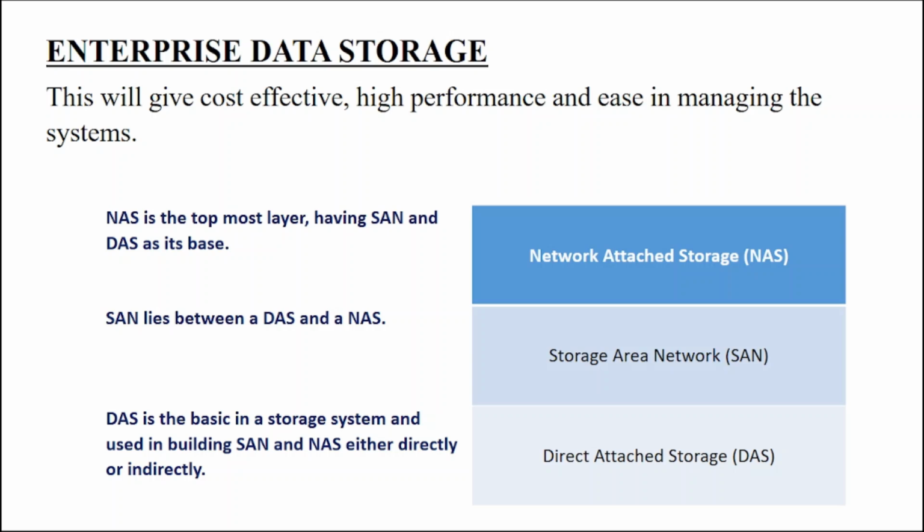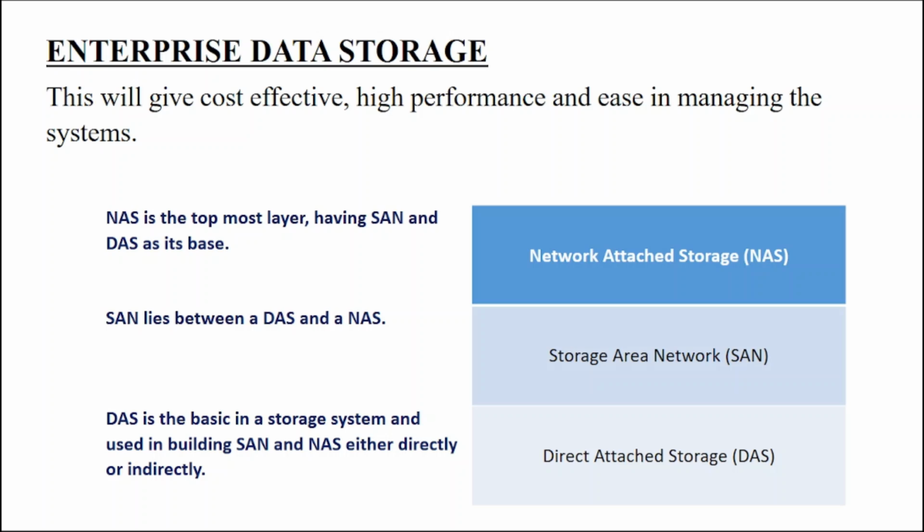So what is enterprise data store? It provides you a cost effective, high performance, and easy to manage system. It is normally used in cloud. Basically there are three types of enterprise data storage. The very first and very raw one is your direct attached storage.